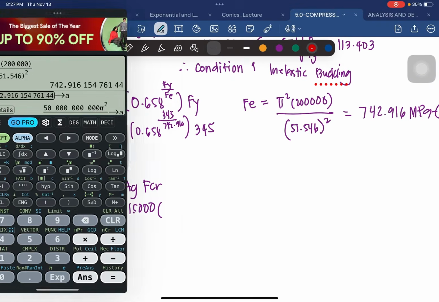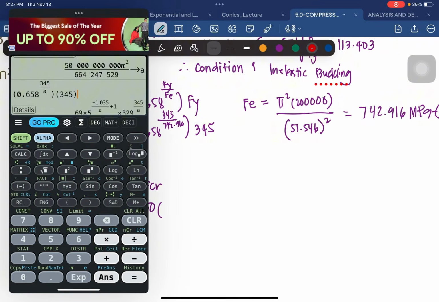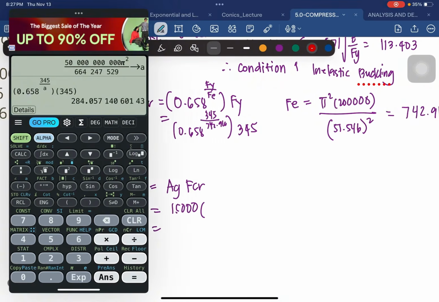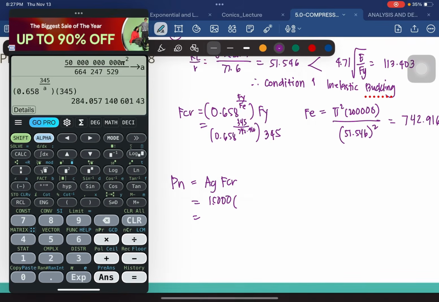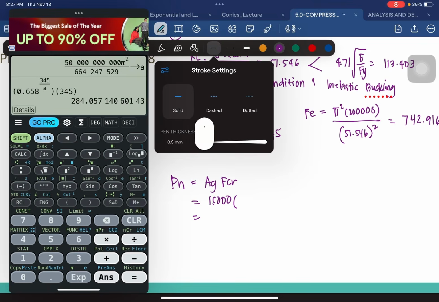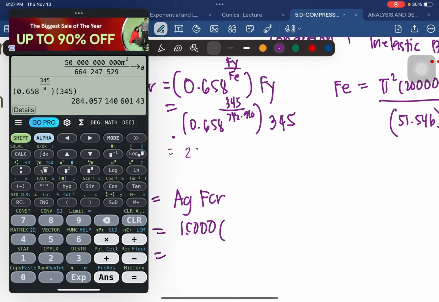For the value of Fcr, 0.658 raised to Fy over Fe, 345 over Fe. So we store the value of Fe in variable A, times Fy 345, so equals 284.057.